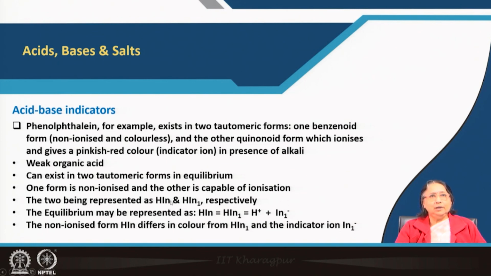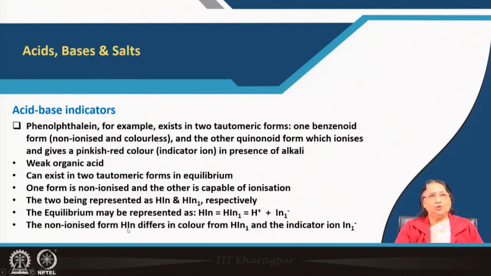Now, if we represent the non-ionized form as HIN and the ionizable form as HIN1, then we can say it is the equilibrium between HIN and HIN1, and HIN1 immediately dissociates because it is the ionizable form. So, it can dissociate into H plus ion and IN1 minus ion. These are all the characteristics, and I am talking about phenolphthalein now.